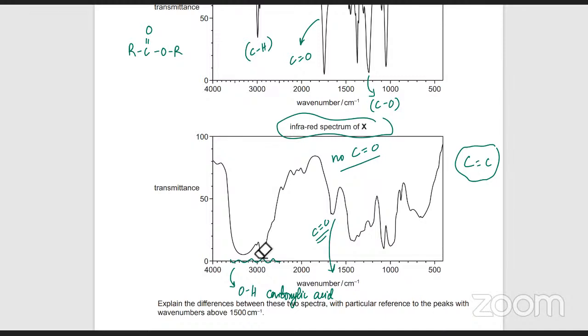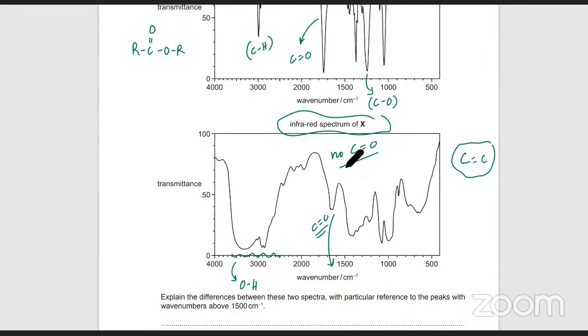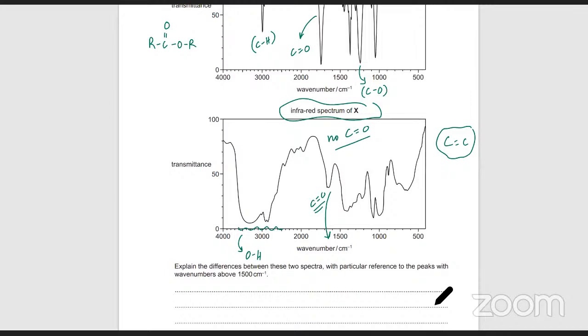So this is just an OH, not a carboxylic acid OH. Yes, they also stated that it's neither an ester or an acid in the question. So I guess that's it.